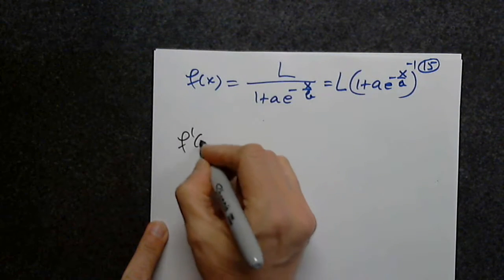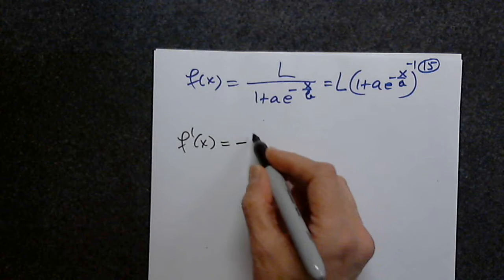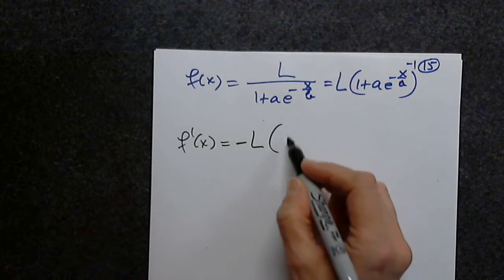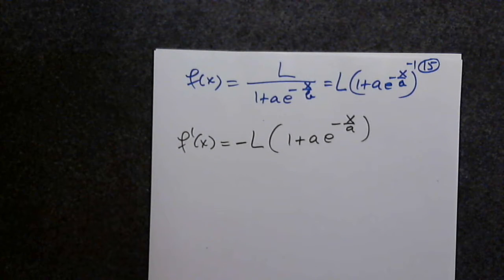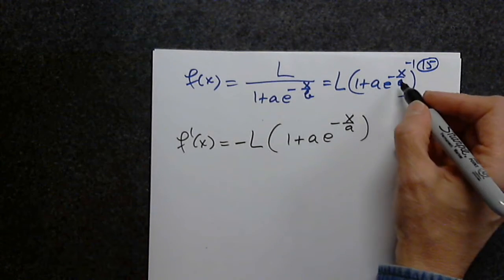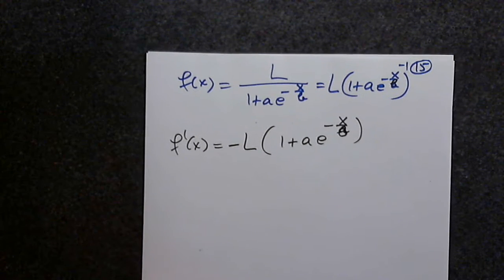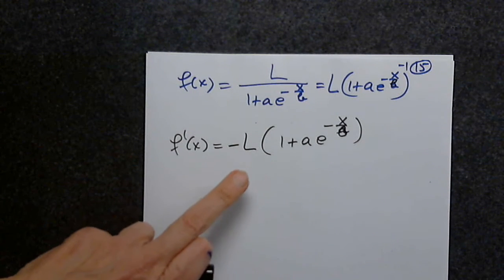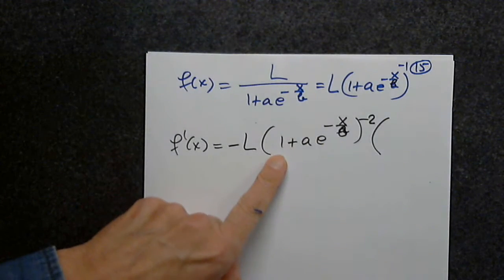So, of course, I have to find f prime. I bring down -1. 1 plus a e to negative x over b raised to... and then I multiply by L, and now the power becomes -2, and now I have to differentiate inside. 1 is a constant, it goes away.